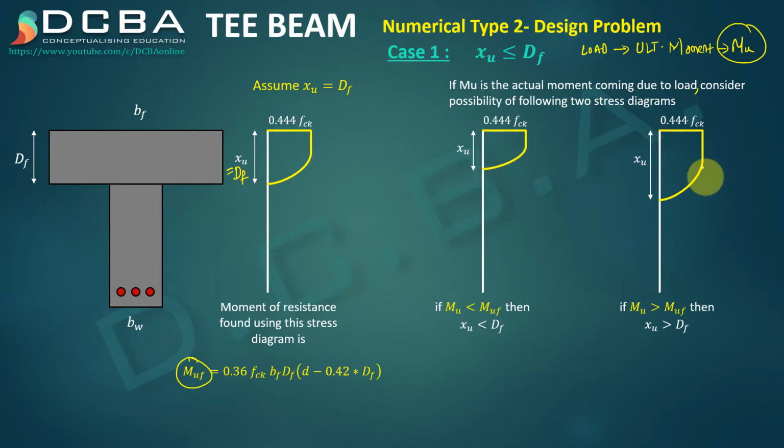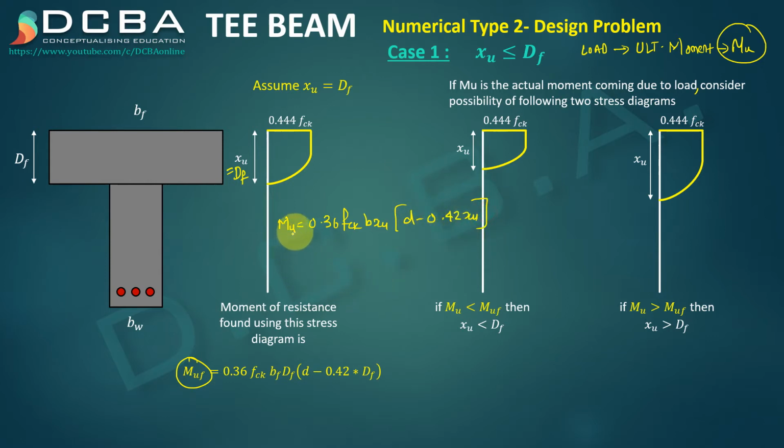So these two stress diagrams are possible if we know MU, and here see what I have written. If MU is less than MUF, then xu is less than df. How did I come to this conclusion? See, the formula for MU, generally what we write, is 0.36 fck b xu into d minus 0.42 xu.